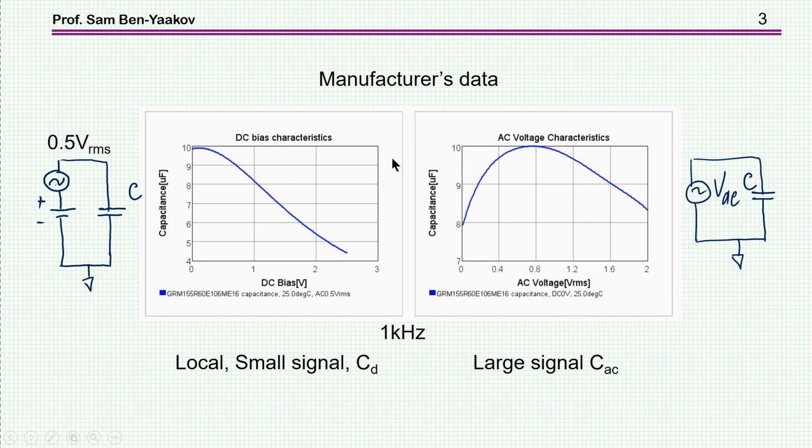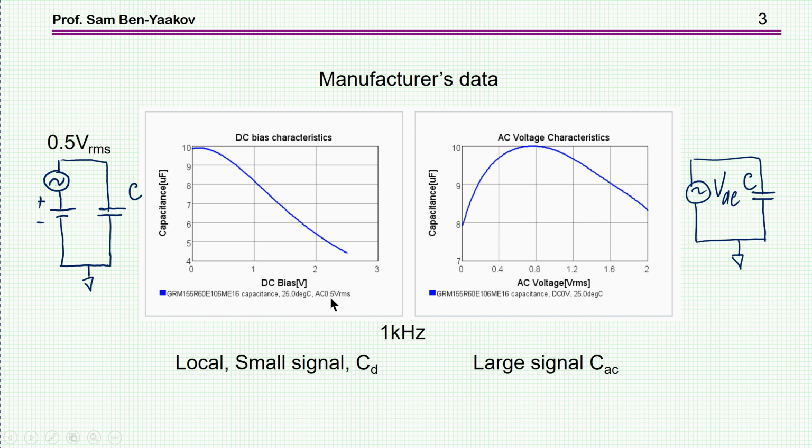Among the information that the manufacturer is supplying are these two graphs. One is entitled DC bias characteristic and the other AC voltage characteristic. Now this DC bias characteristic is capacitance as a function of voltage, and the way this is measured is by submitting the capacitor to a DC bias, which is changing here up to 2.5 volt because it's a 2.5 volt capacitor, and injecting 0.5 volt RMS voltage.